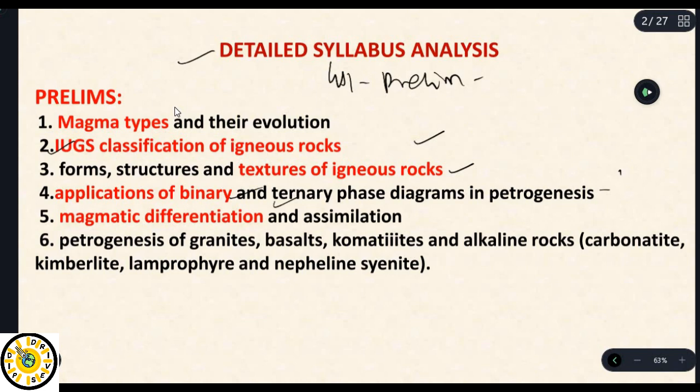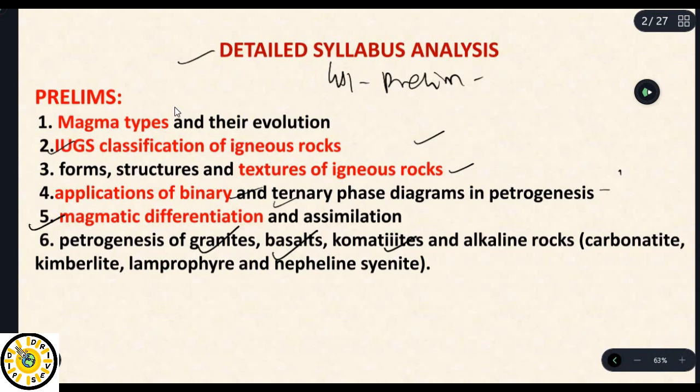If you need those diagrams, please let me know in the comment section, so that I will know whether you like the video or not, and whether you require those types of videos. Going forward I will upload granite and all those petrogenesis parts soon, hopefully.